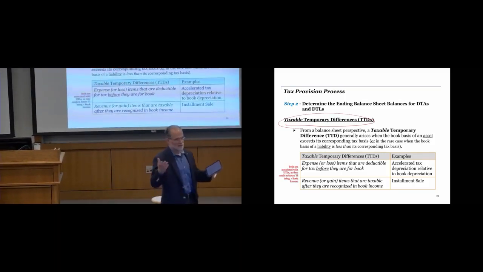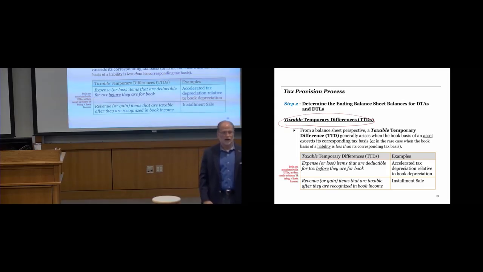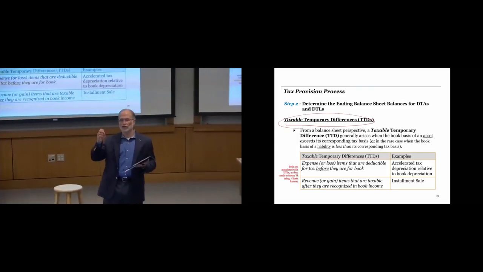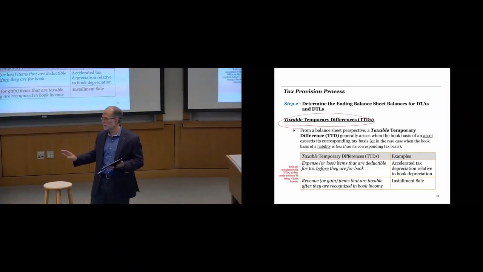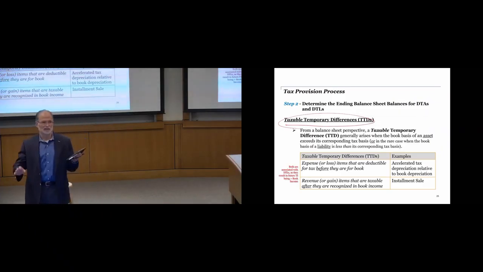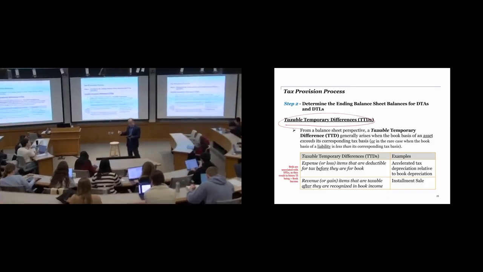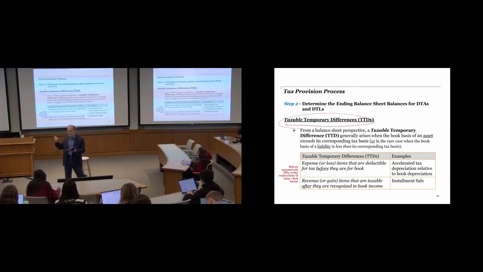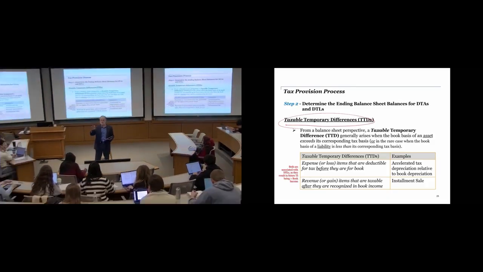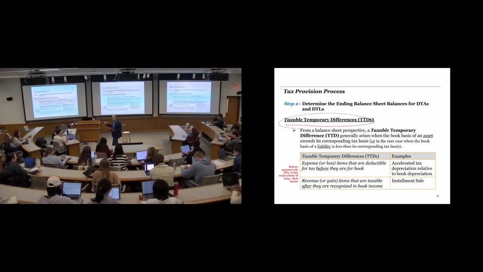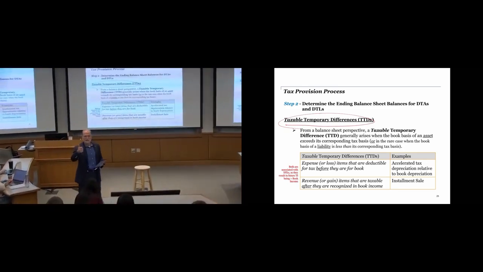Okay? Necessarily. So it doesn't matter. I don't go and say, okay, this asset's worth $1 million. That's irrelevant to this conversation. What is the tax basis? What is the book basis? We're focused on the balance sheet, and the deemed sales price, which is really important, is always book basis.